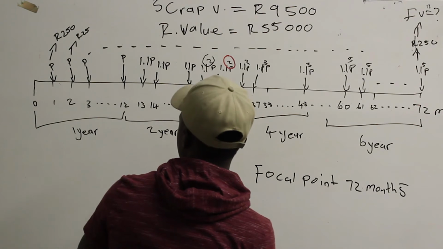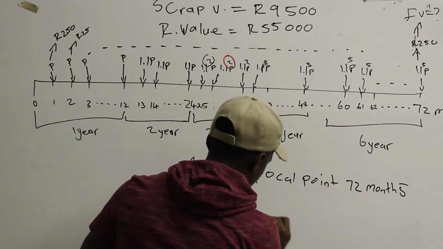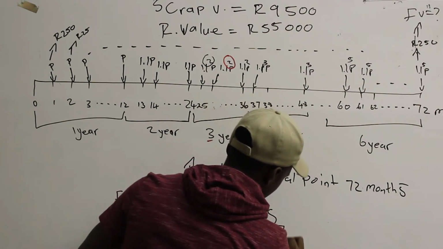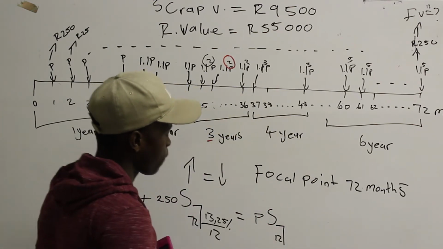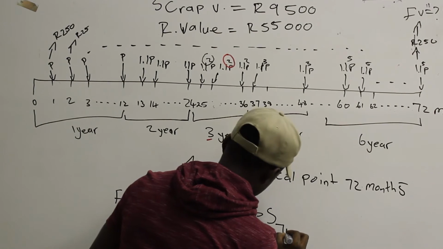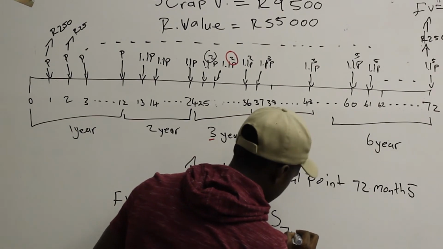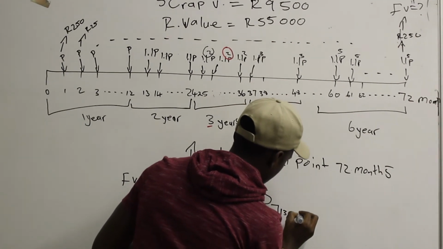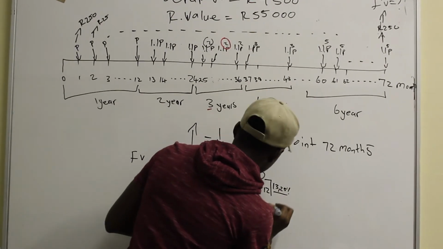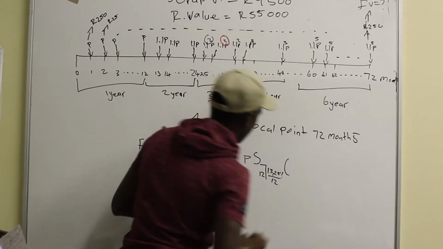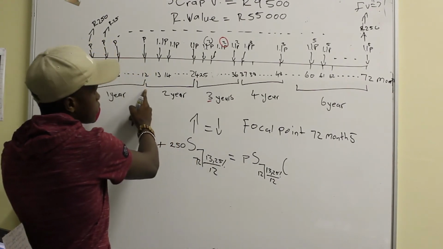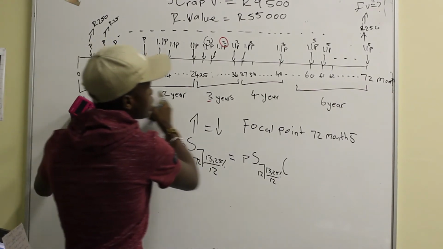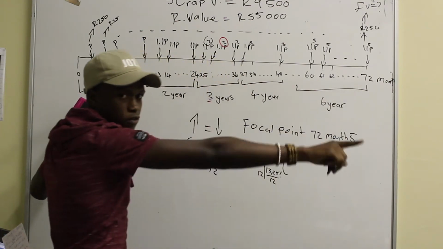So we're just going to say P, as we have 12 payments in a year, which has the interest of 13.25% divided by 12. But this is only for this 1 year. We want it to be here, so we need to shift it forward, right?